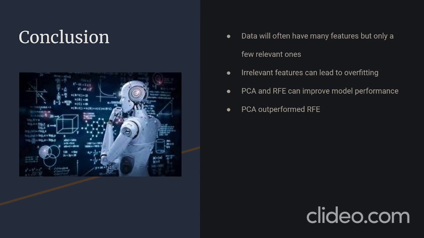Using this classifier on these two data sets, PCA was able to outperform RFE in terms of the number of features it needed to reach the accuracy when using all of the features, and in terms of the amount of time it took to run, because PCA ended up being much faster.